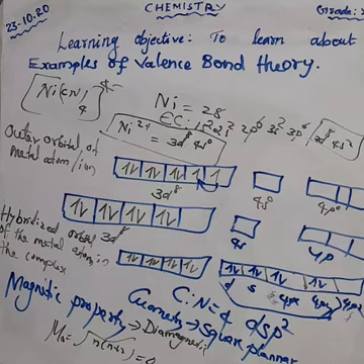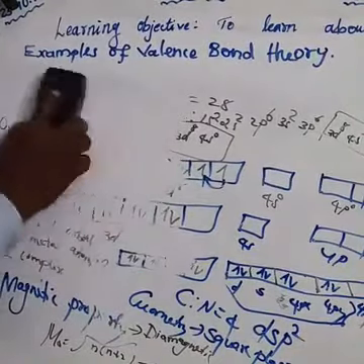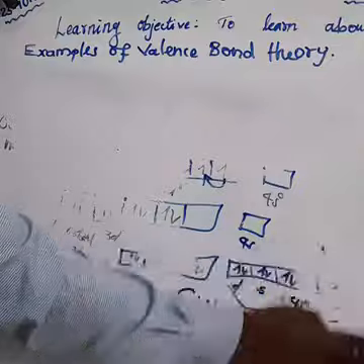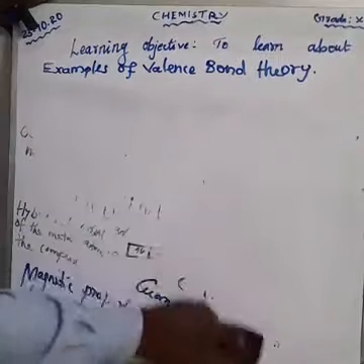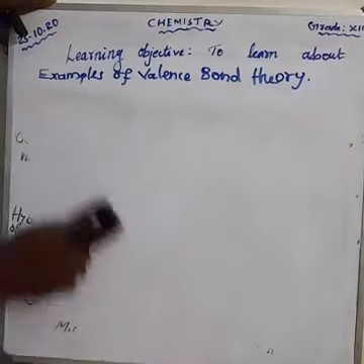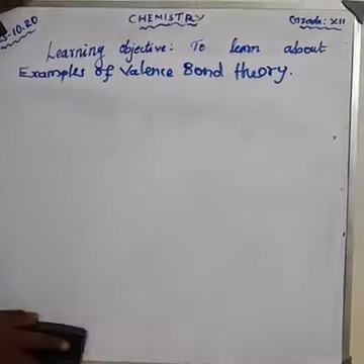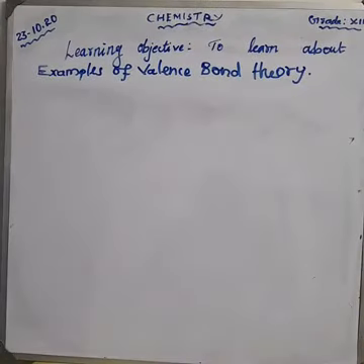Then what about the third example? We are taking one more complex. Third example: Fe(CN)6 3 minus.